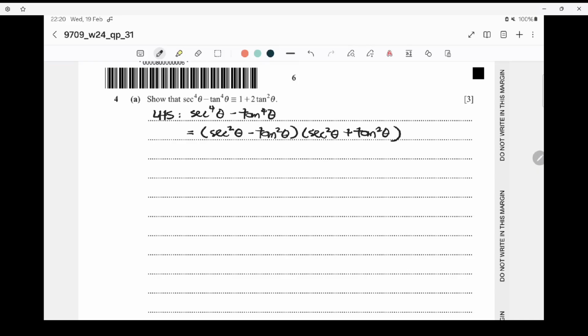Alright. So once you've done that, you take note that secant square theta minus tangent square theta equals 1. So you will have secant square theta plus tangent square theta. And then secant square theta is basically 1 plus tangent square theta. So in the end, you have 1 plus 2 tangent square theta, which is the same as the right hand side.